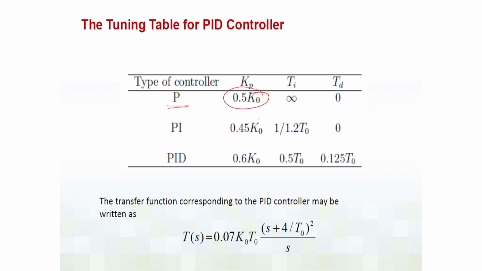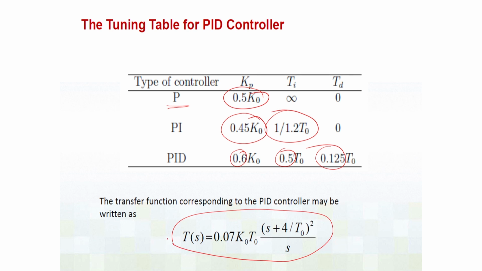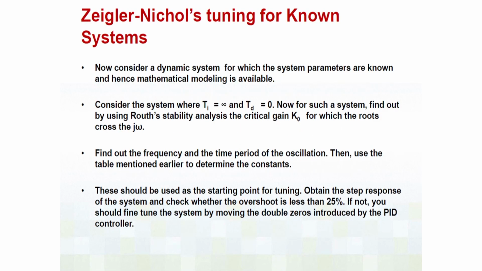For PI, the Kp value is 0.45 K0 and Ti is 1 over 1.2 T0. For PID, Kp is 0.6 of K0, Ti is 0.5 of T0 and Td is 0.125 of T0, so that the total transfer function for a PID looks like this. This is an empirical rule through trial and error, but it works very well, so we can utilize it.